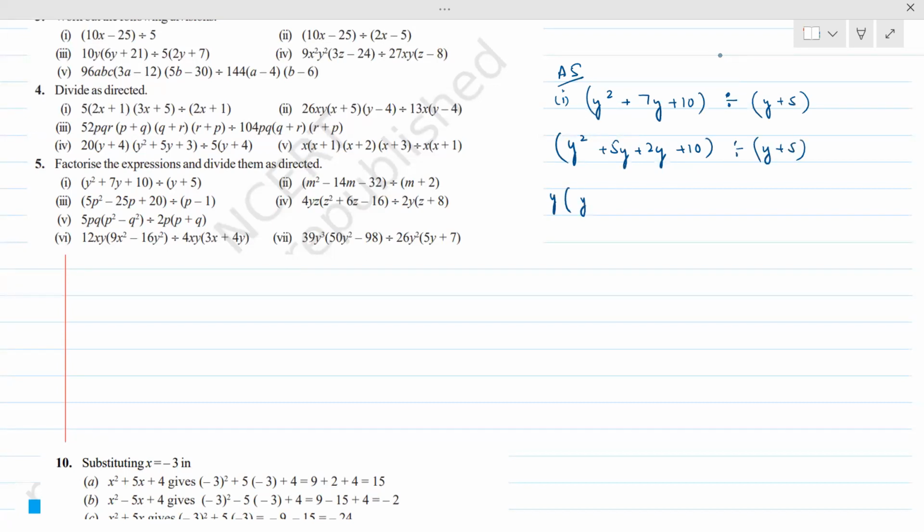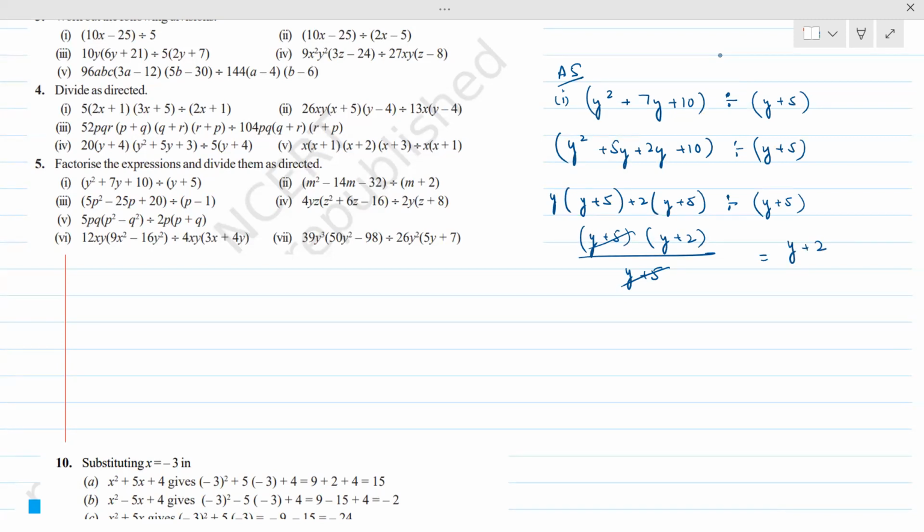It is y (y plus 5) plus 2 (y plus 5) divided by y plus 5. So it is (y plus 5) in the bracket, then (y plus 2), whole divided by y plus 5. So it is cutting down, and y plus 2 is the answer.